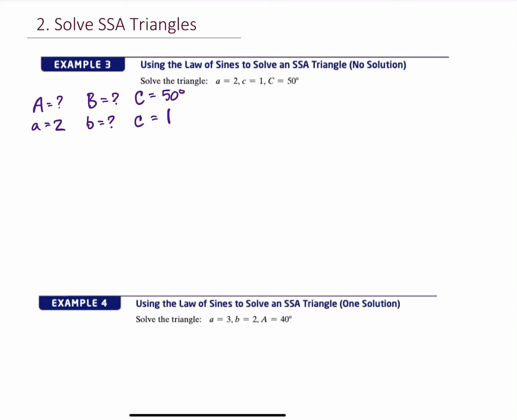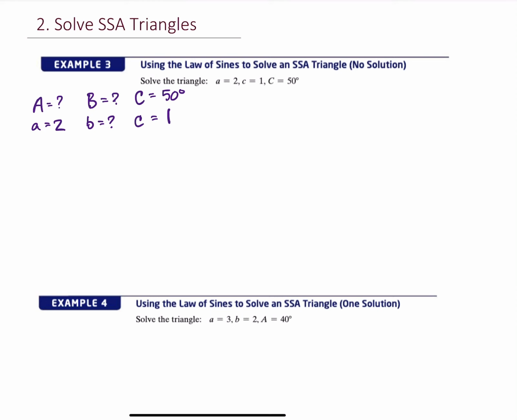So let's approach it as we would normally. We can't find a missing angle yet because we don't know two of our angles. But let's try to set up a statement using the law of sines, maybe relating angle A and angle C. And then maybe we can do some inverse trigonometry to find out what the angle should be.